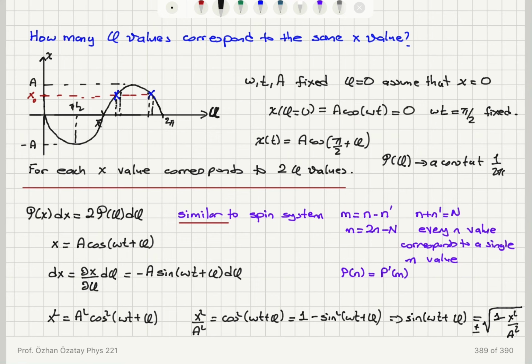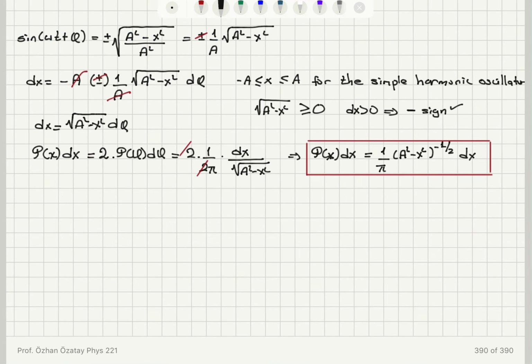Now, am I going to take the positive root or negative root? I decide here, because the dx I want to consider to be positive, and x has to be in the range minus a to plus a in the simple harmonic oscillator. So the square root of a squared minus x squared is going to be positive, which means I have to take the negative root for sine omega t plus phi.